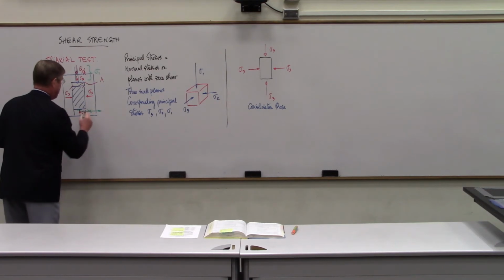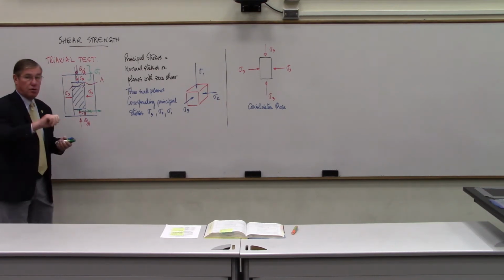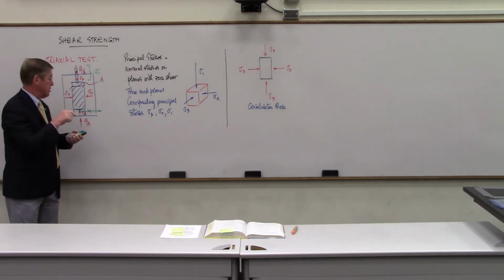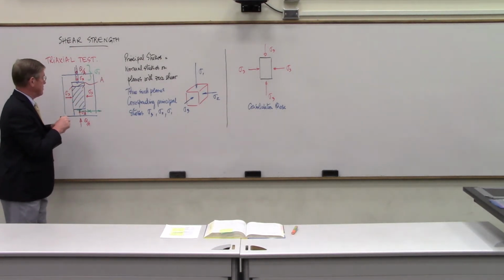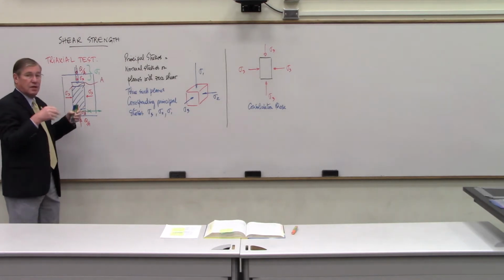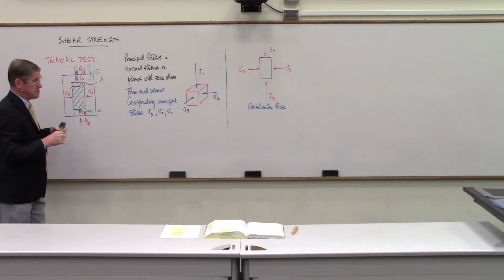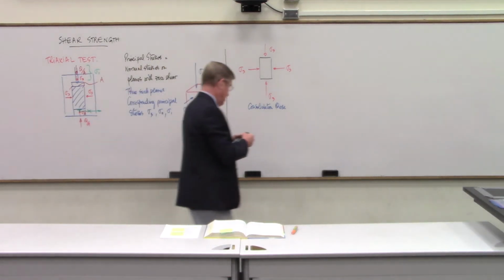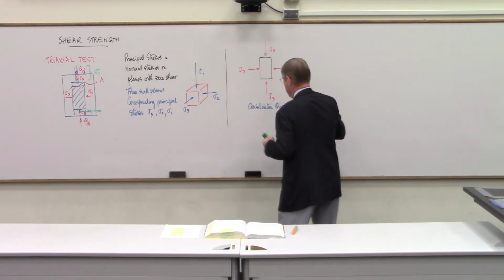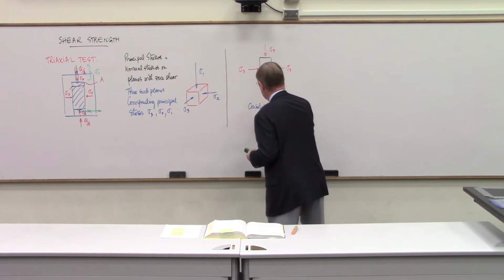But we also have a valve on that line, and we can close the valve, and that will lead to an undrained consolidation phase. Or we can open the valve, and then some water will drip out. We will call that a drained consolidation phase. So the consolidation phase can be drained or undrained.